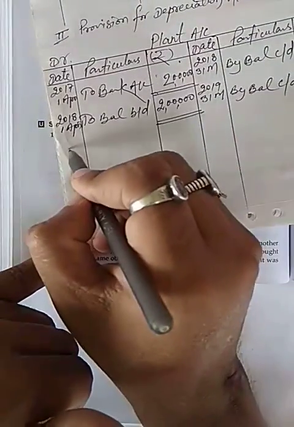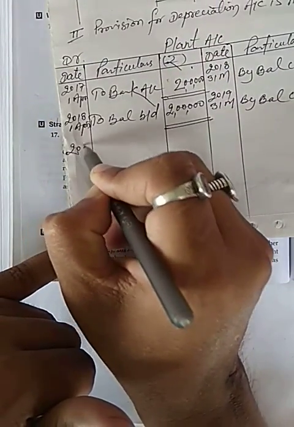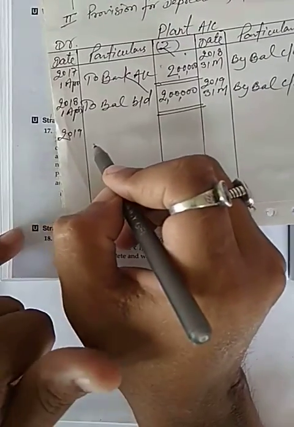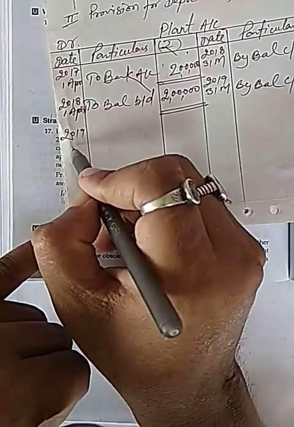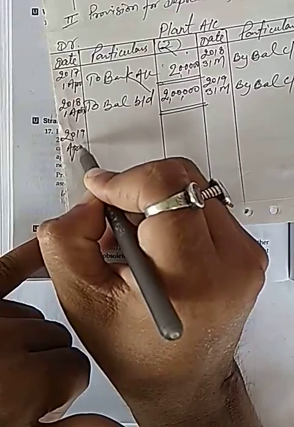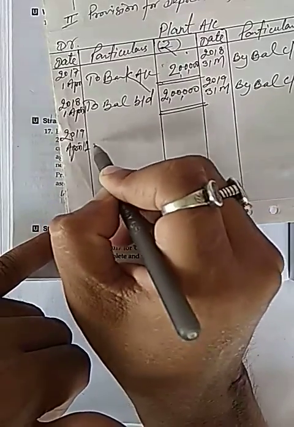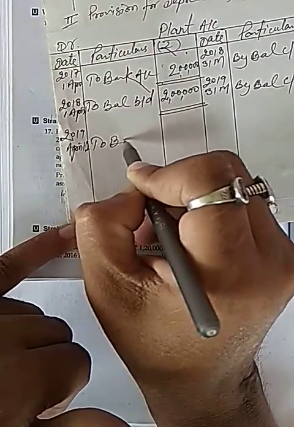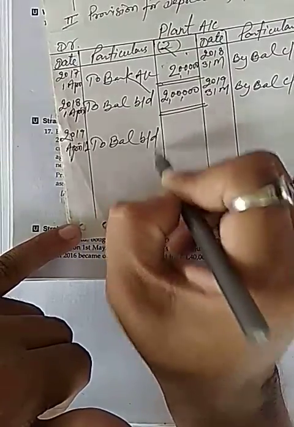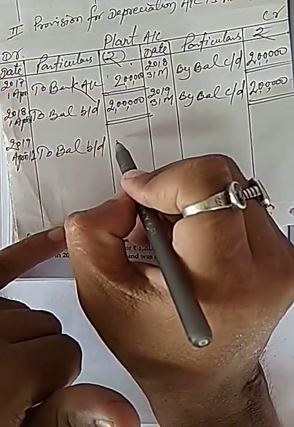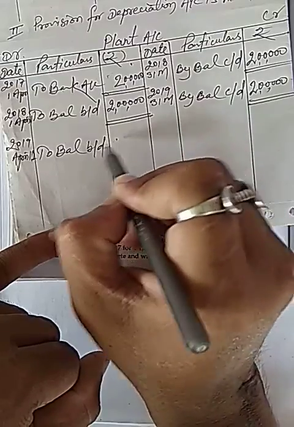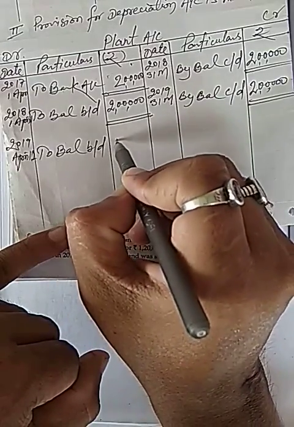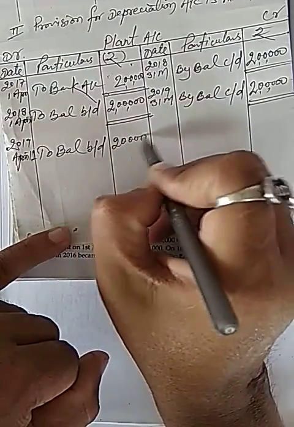Next, on 2019 April 1st to balance BD, it will be 2 lakh.